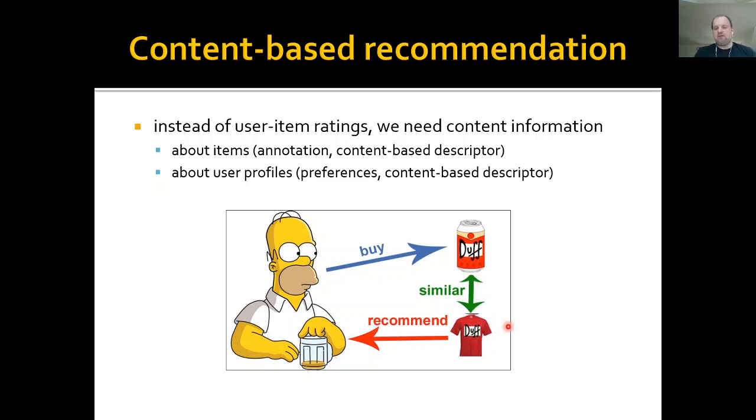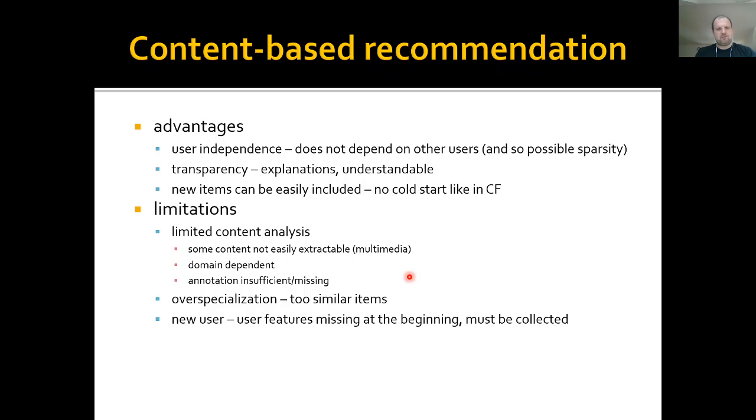This is different from collaborative filtering, because there the explanation would only be, okay, I'm recommending this because you are really similar to other users and they were recommended it, but I don't know why. So this is not an explanation based on the real content, but just on the context that other people chose this. So there is better explainability. Another advantage is that we can immediately include new items into the recommendation.